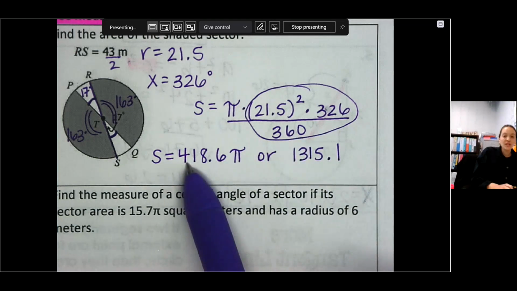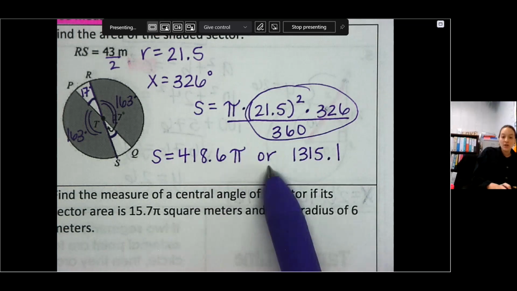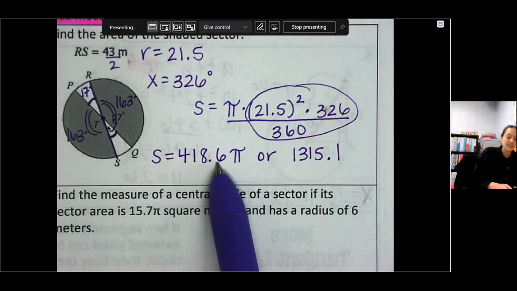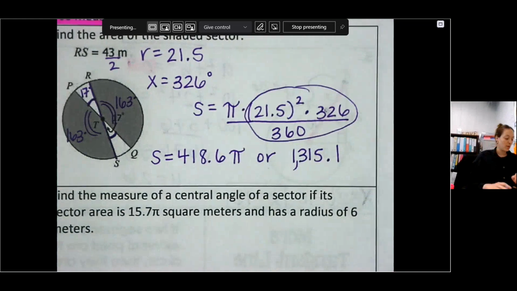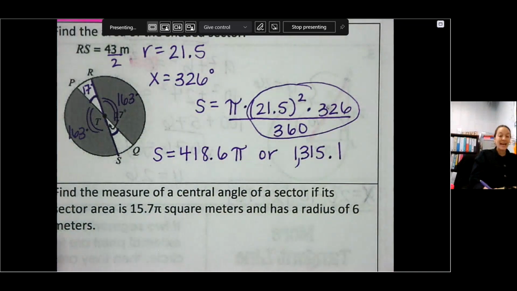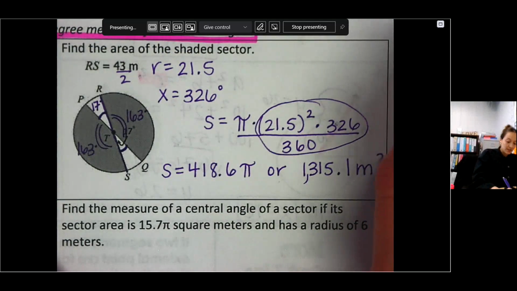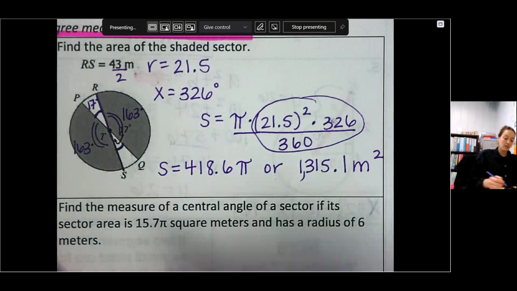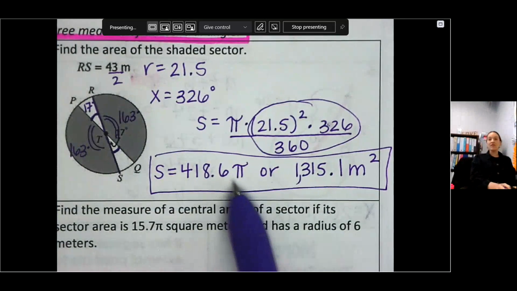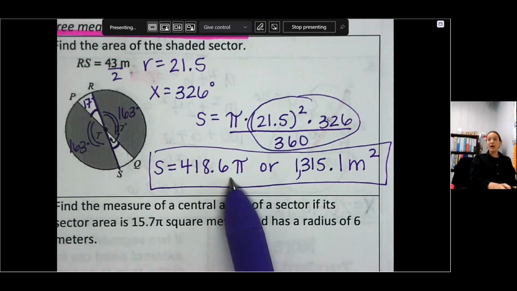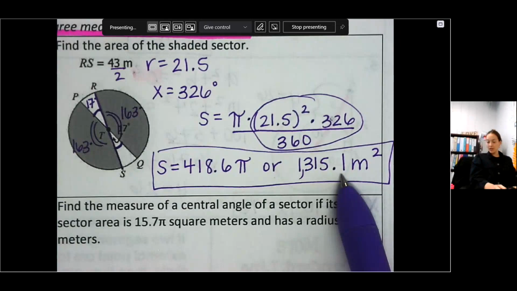That gives you this first one here, 418.6 pi, or you actually multiply the 418.6 times pi, and you get 1,315.1, and it is area, so it is going to be in meters squared. Either of those are fine. If they ask you to leave it in terms of pi, that means they want you to keep the pi symbol. If they ask you to do it rounded, that means you do it like this over here.